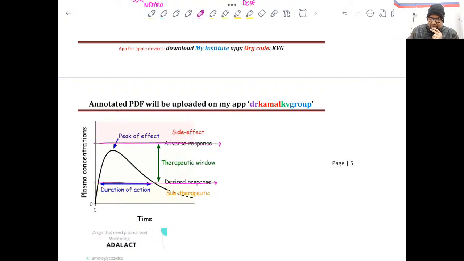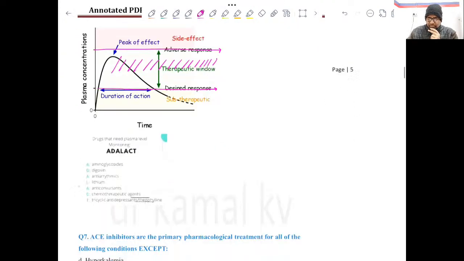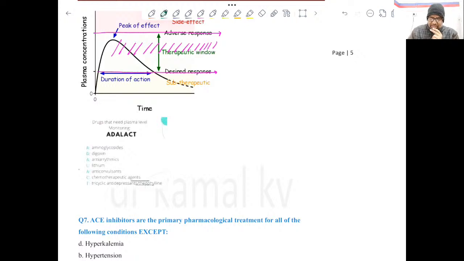So we have to keep the plasma range within this plasma concentration only. Then the drugs can be remembered by the mnemonic ADALACT. Clear? So there are certain important drugs which you need to remember.